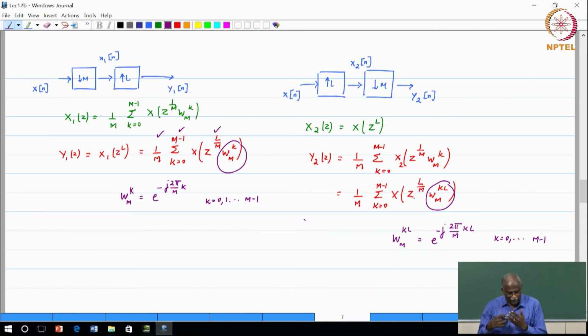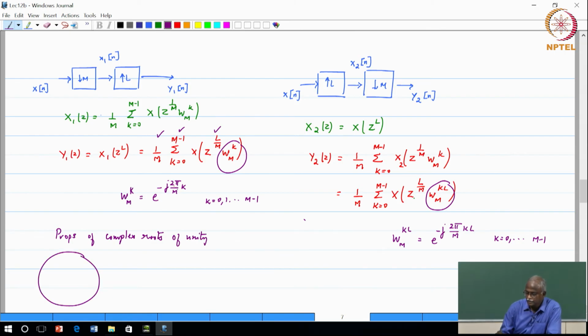Now, if you go back and look at the properties of the complex roots of unity, this set corresponds to k equal to 0, k equal to 1, k equal to 2, and so on, and the last one is k equal to M minus 1. Basically, you are spanning all the roots of unity.